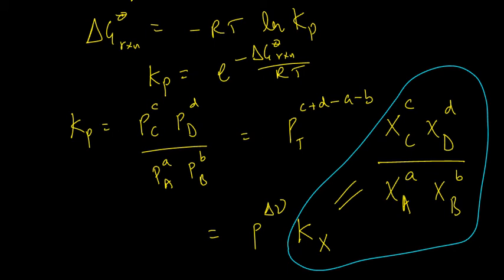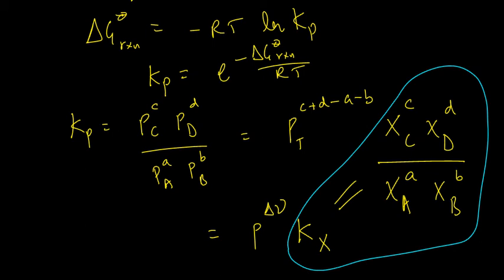What will be the units of Kx now? It's again unitless, because although this P to the power delta nu is there, it is divided by standard pressure to the power delta nu, as I have taken it out from the expression. No units.